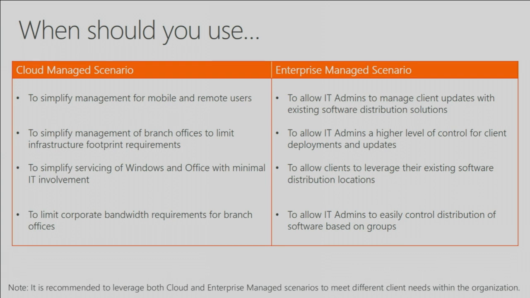When we have enterprise managed scenarios, that's more the controlled group, right? It's your controlled people that I still want to manage, I still want to target in a specific way using my Configuration Manager infrastructure. I've invested in it, I have small locations that don't have very much bandwidth. I need to trickle bits down to those remote locations. You can do that just as well with the new bits.